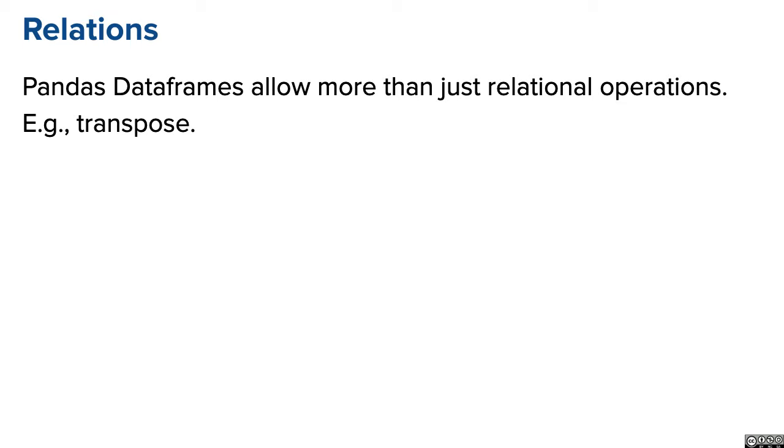Pandas data frames are more flexible than relational databases because you just have more flexibility in terms of the methods you can use. For example, you can take the transpose of a data frame that only contains numeric data, and that makes sense if you look at a data frame as a matrix of numbers. But in SQL or other relational databases, taking a transpose of data doesn't really make sense.